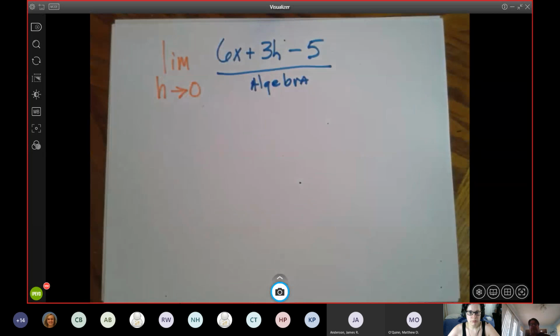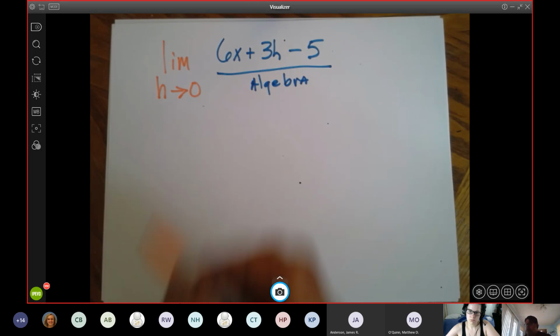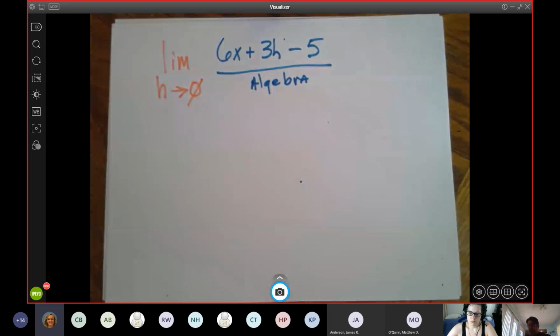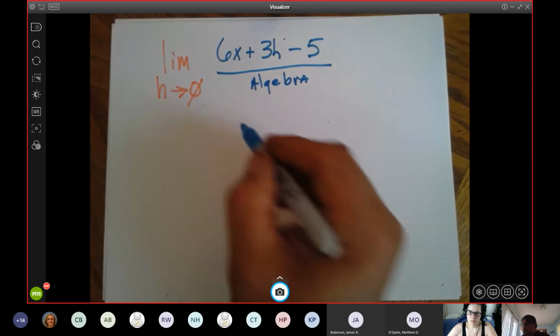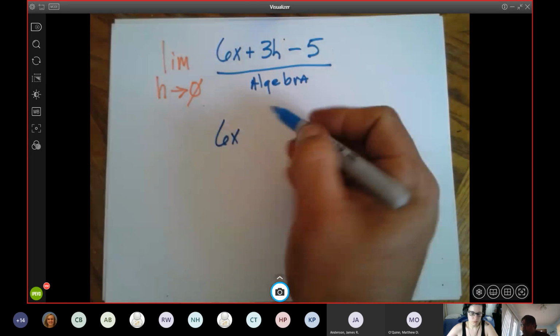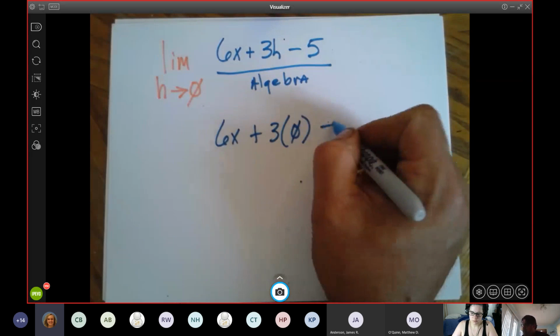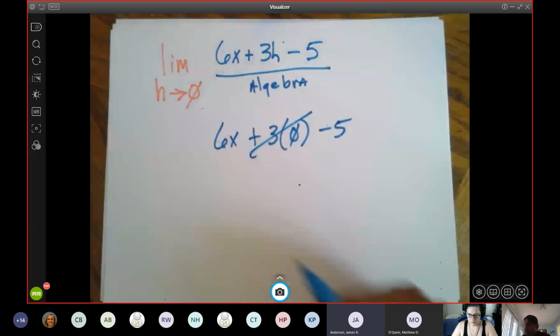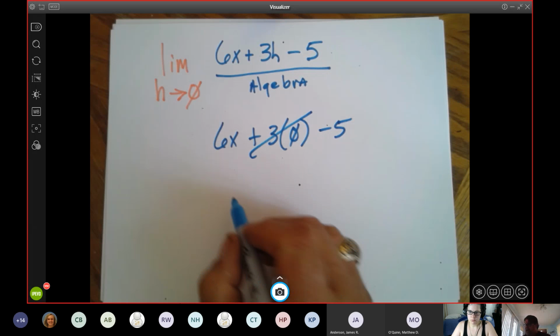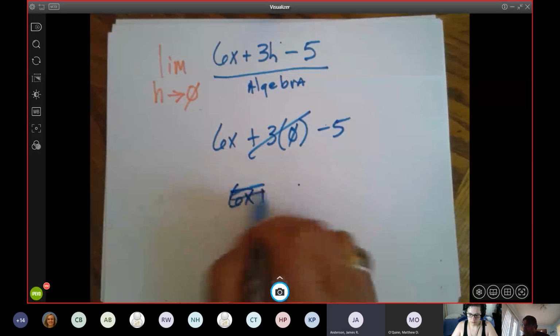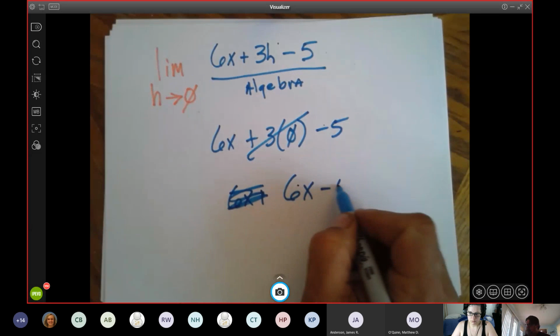And what happens when you take that 0 and plug it in for h? The 3 goes away. 6x plus 3 times 0 minus 5, and that goes out. 6x minus 5.